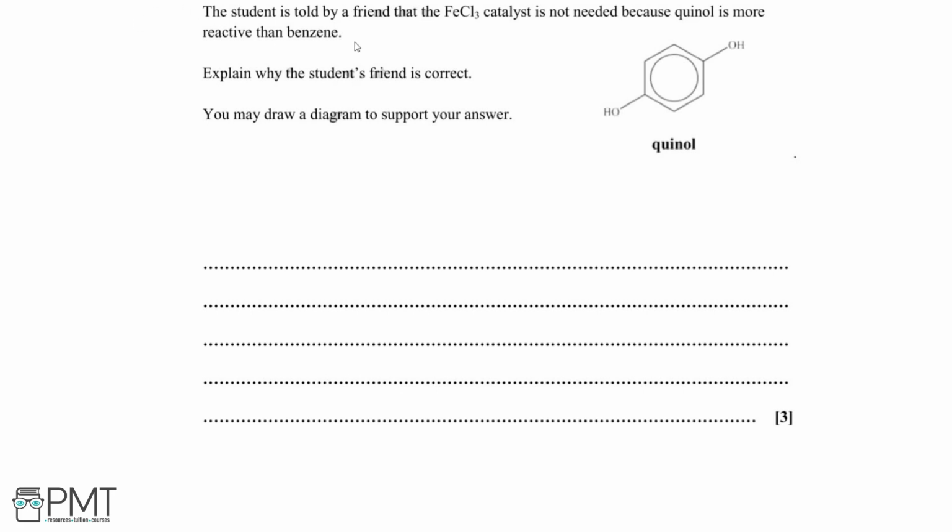The student is told by a friend that the iron trichloride catalyst is not needed because quinol is more reactive than benzene overall. And we need to explain why the student's friend is correct. And we can draw a diagram to support our answer if we want to. So here is our structure of the quinol, where we've got these 2 hydroxy groups directly bonded onto that benzene ring.